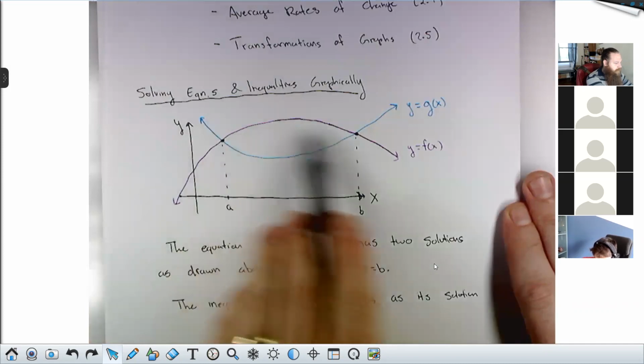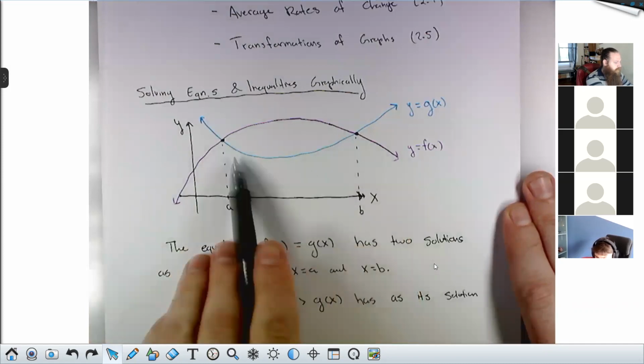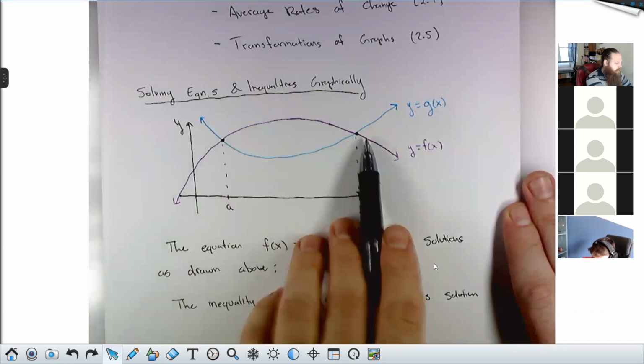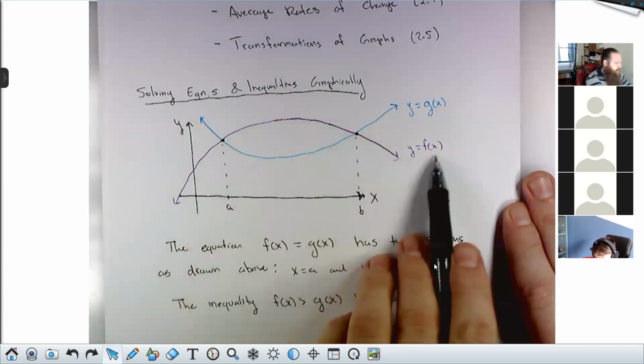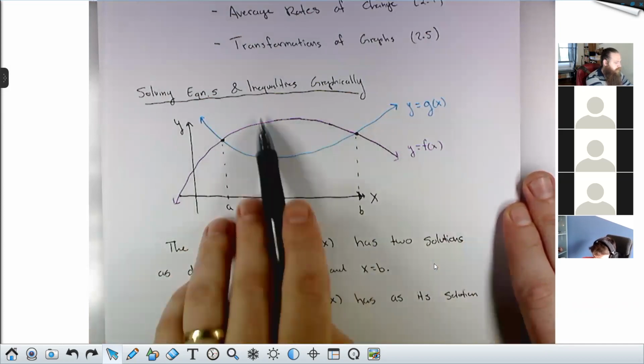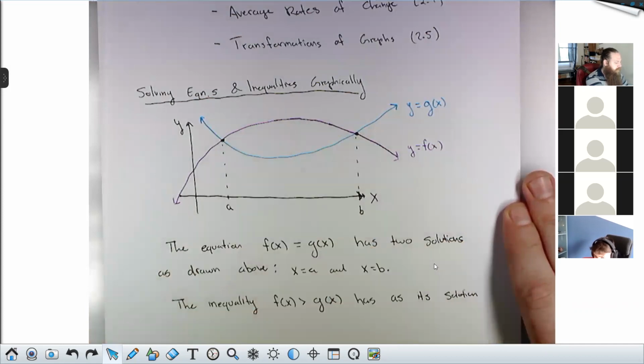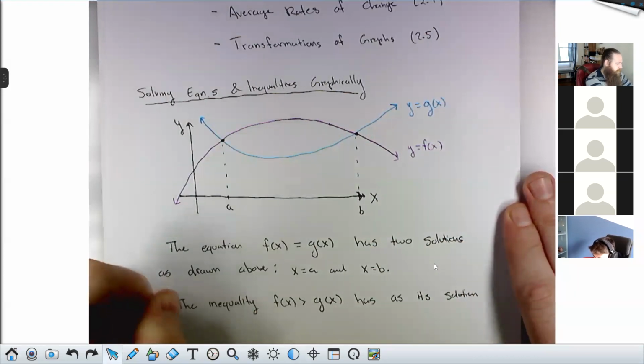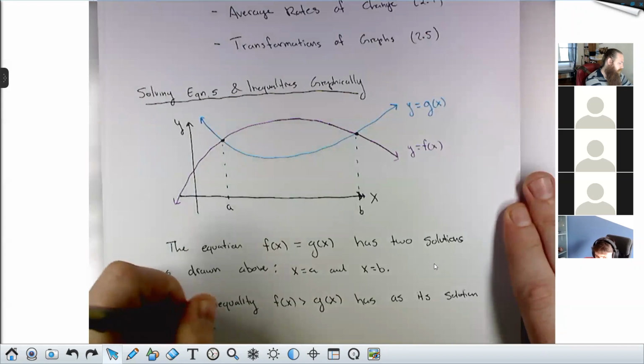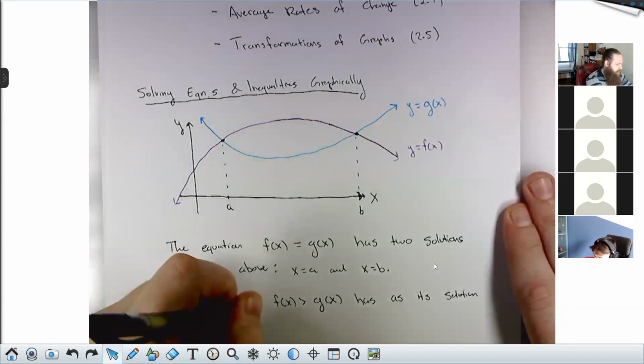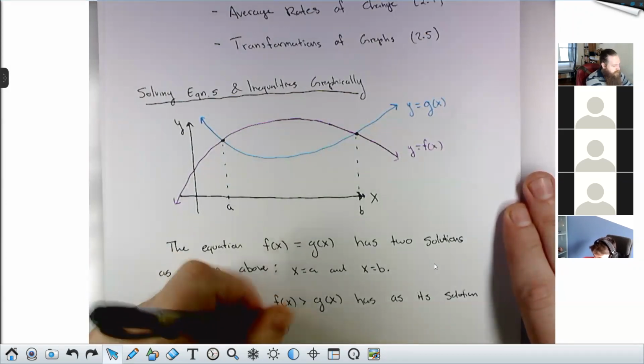If I look between a and b, here, f of x, the purple, is above the blue. So in other words, that y value, f of x, is greater than g of x everywhere between a and b. So the inequality f of x is greater than g of x has as its solution the interval a to b.